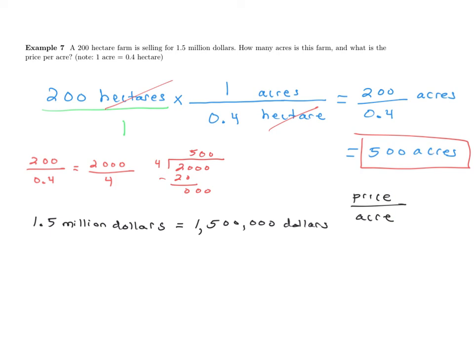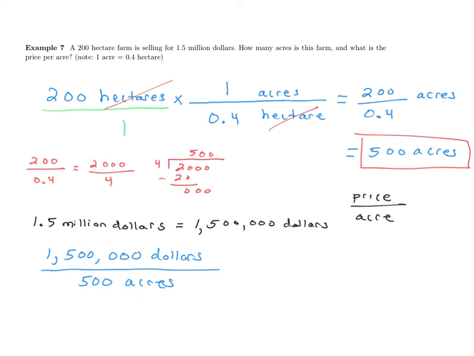So we have 1,500,000, that's dollars, divided by 500 acres. When we simplify this number, these units will still be in a fraction. You would read that as dollars per acre. To get the answer, you could simply take this number, divide by this one, and you have the appropriate units attached to it.